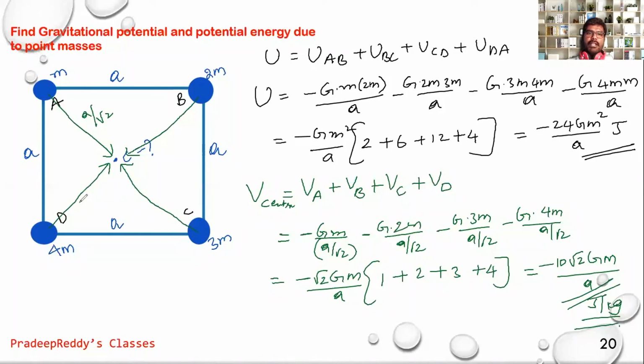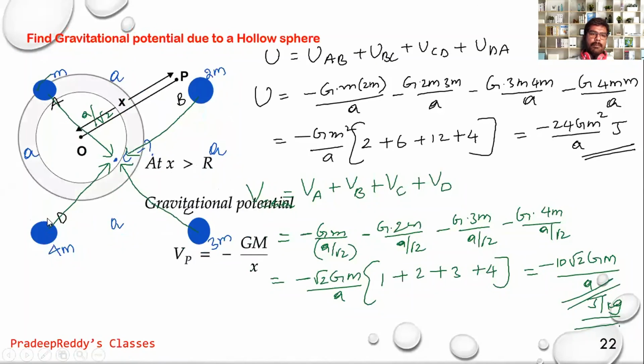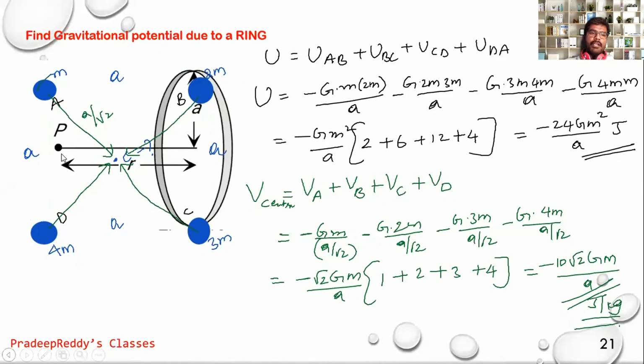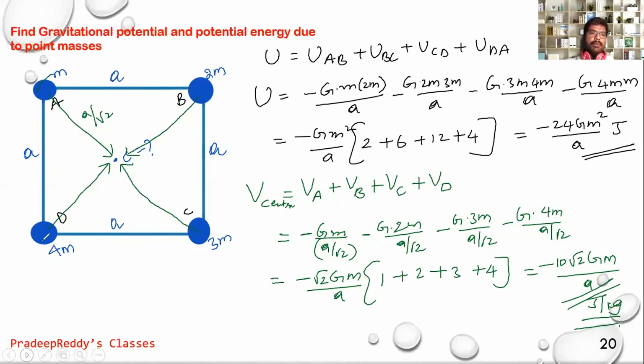Suppose if you want to find out gravitational potential at D, that will be due to A, due to B, due to C. If you want to find out gravitational potential at A, that will be due to this B, due to this C, due to this D. Likewise, just like how we have done in the previous problem.